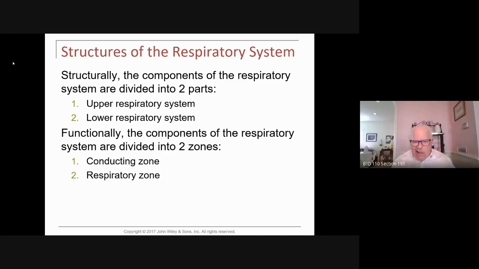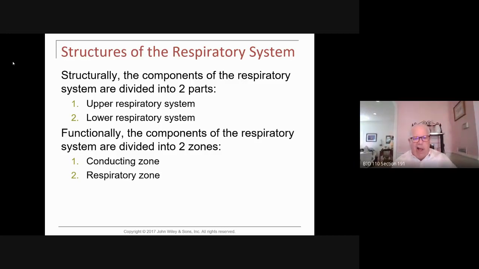The conducting zone is the area in the respiratory system in which the gases exist. The respiratory zone is the area in the respiratory system where the gases are exchanged. So in the conducting zone, there is no exchange of gases. In the respiratory zone, the gases are exchanged.